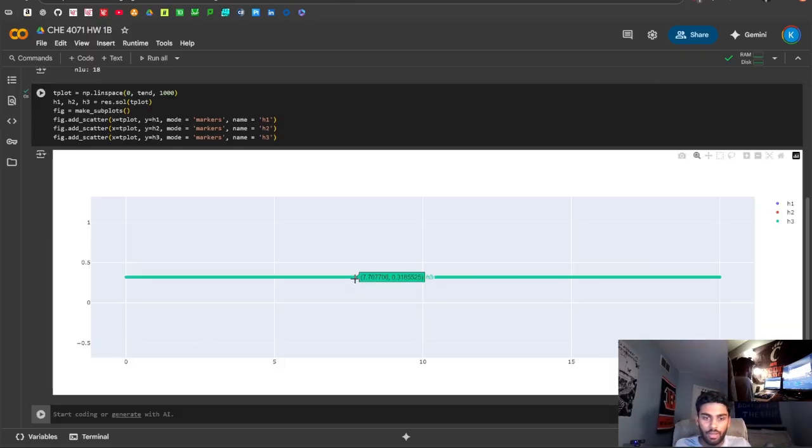And now you see that we have all three lines plotted exactly on top of each other because it is at steady state. We start at time 0 and at time equals 20. We have 100 plots and we have 1,000 plots in the middle here, but it doesn't change one bit because again we are at steady state.